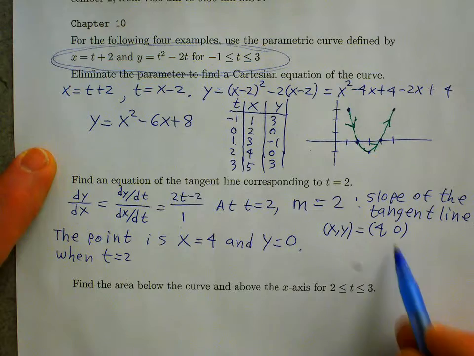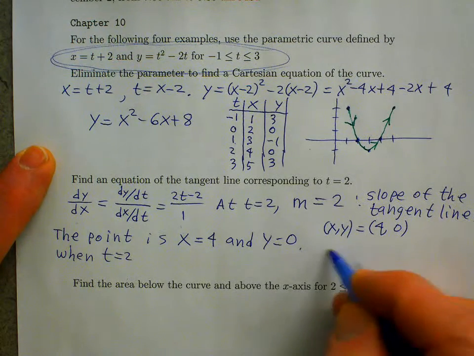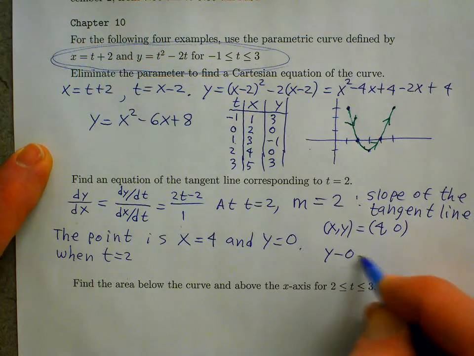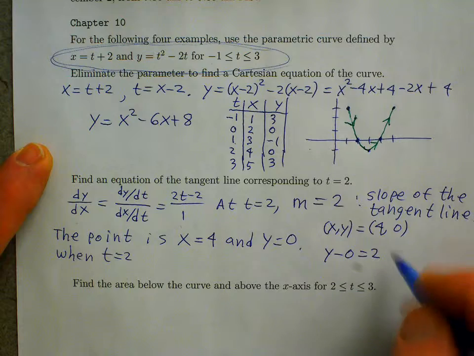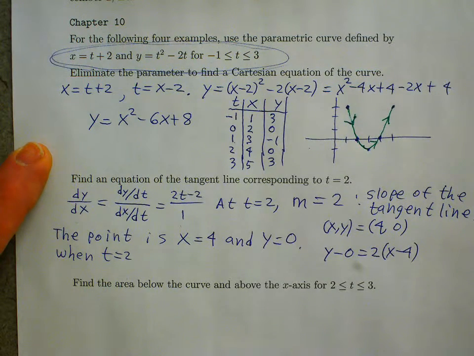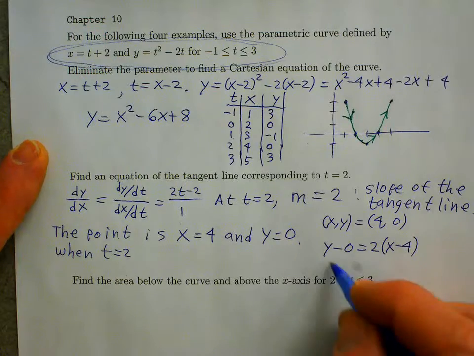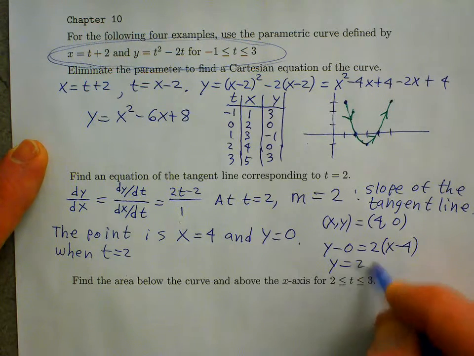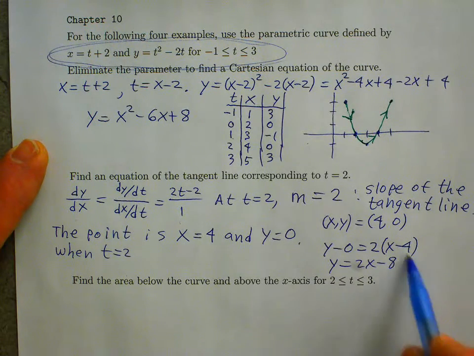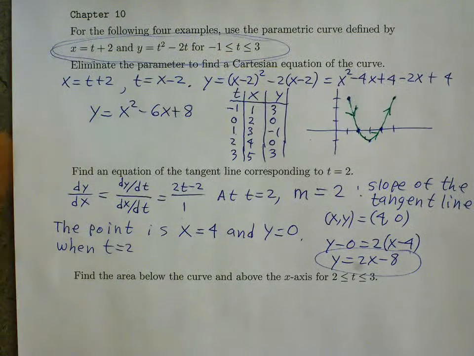So we can write y minus 0 equals 2 times x minus 4, or y equals 2x minus 8. That is the equation of the tangent line.